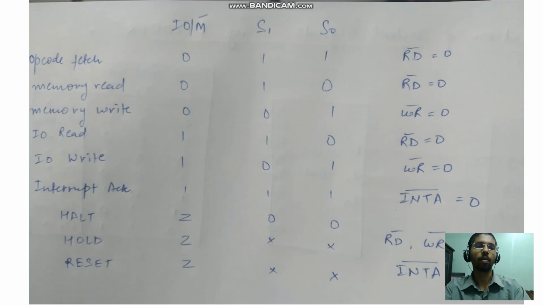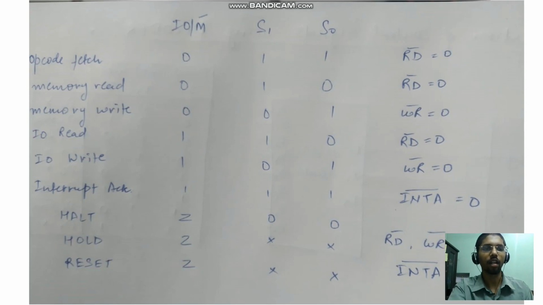Similarly, for memory read, it's a memory operation, so IO/M bar will be 0, S1 and S0 are 1 and 0, and RD bar will be 0. For memory write, it's a memory operation, so IO/M bar is 0, and S1 is 0 and S0 is 1. Then the write bar operation will be performed.